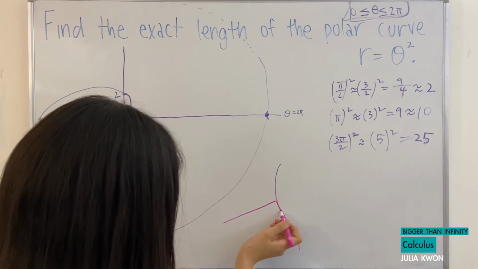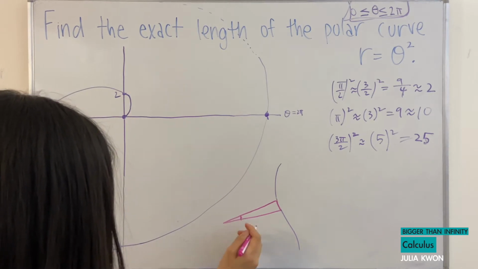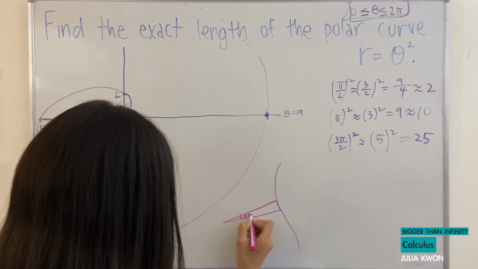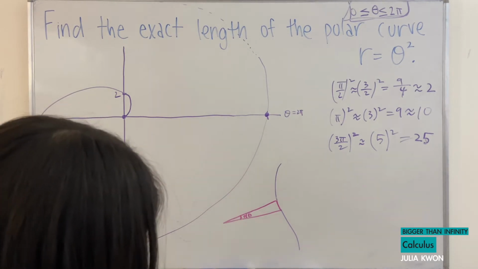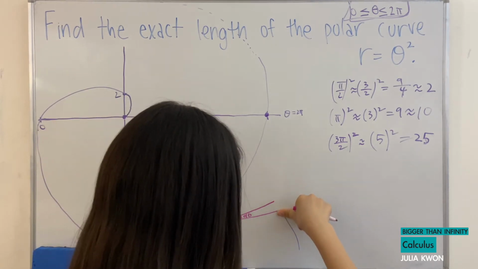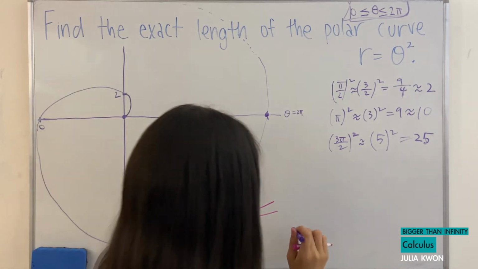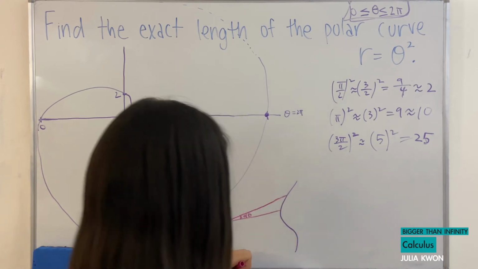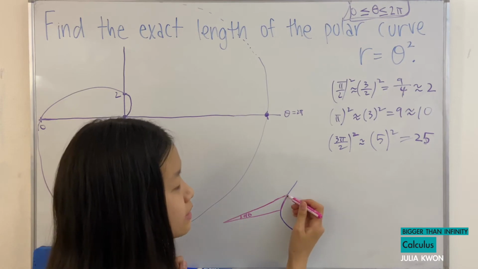Then we have this angle, d theta, and then we have this length as r, of course, right? Wait, I don't know if I drew this perfectly. I'm going to change it up a little bit so that you guys can see more about what I'm talking about. Alright, I think that's a little bit better. And also, we're going to call this length ds.